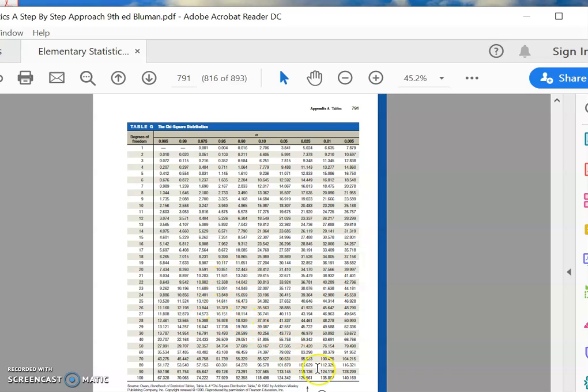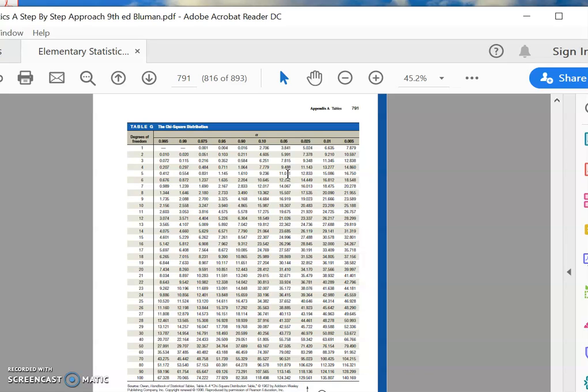So for example, if we have a degree of freedom of, let's say, 10, and we wanted to find this critical value here of, let's say, 11.071. The family of curves is a family of curves.